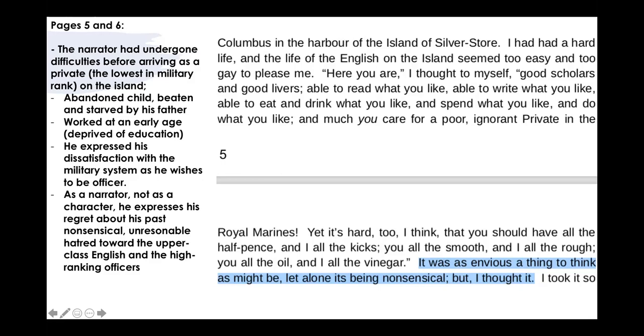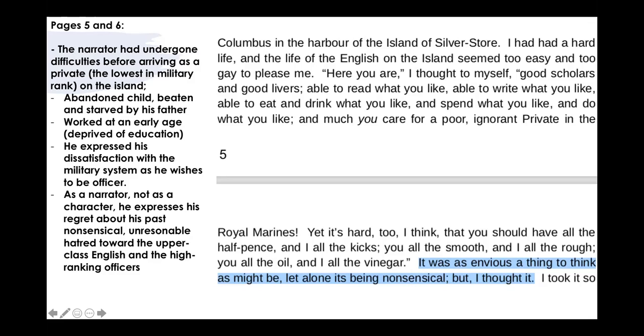Yes, it's hard too. I think that you should have all the halfpence, means you benefit from the best of things. But I can't get anything from it. And I all the kicks. So you get the best and I get the worst. And you all the smooth and I all the rough. You all the oil and I all the vinegar. And listen here, ladies and gentlemen, I've highlighted this. It was as envious a thing to think as might be, let alone its being nonsensical, which means illogical, unreasonable.